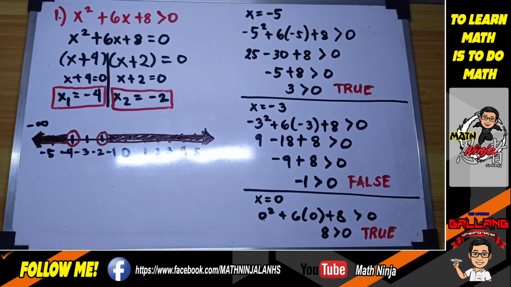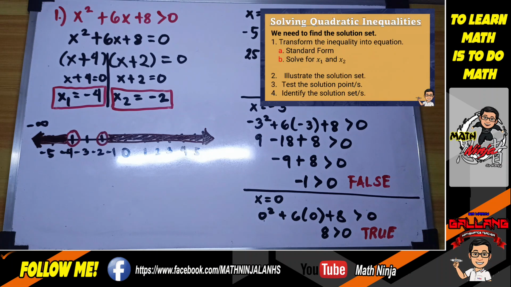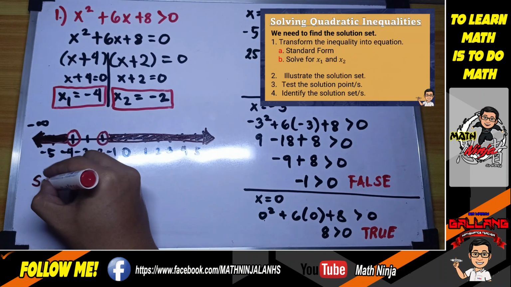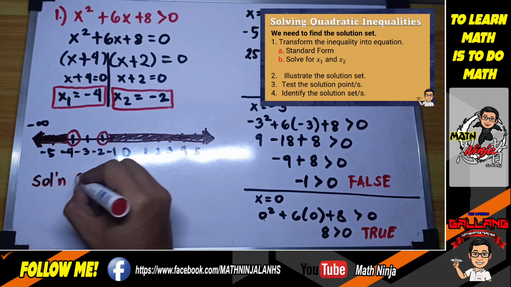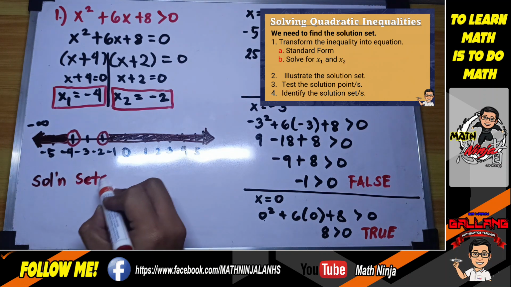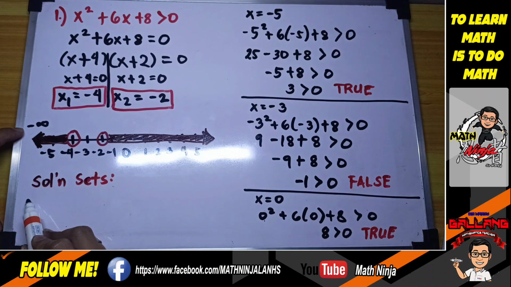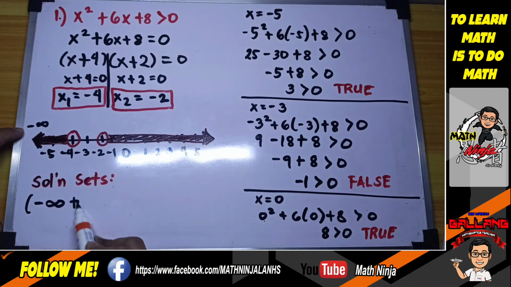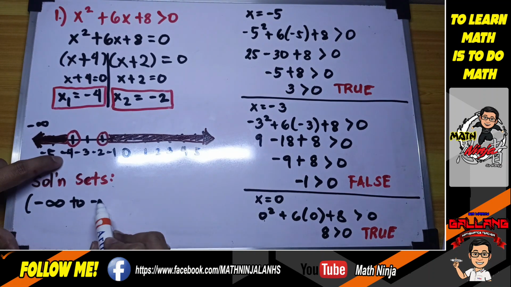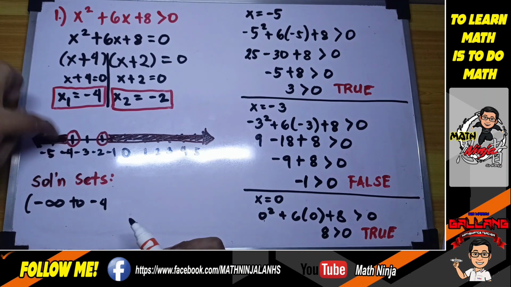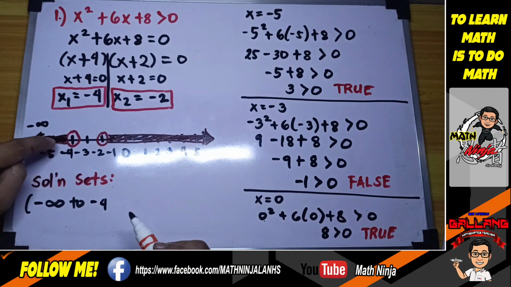Okay? So, punta na tayo ngayon sa ating step number 4. Identify the solution set. So, what are the solution sets based on our testing? So, ating solution sets ay from negative infinity to negative 4. So, hindi kasama yung negative 4 sa ating solution kasi open circle siya.